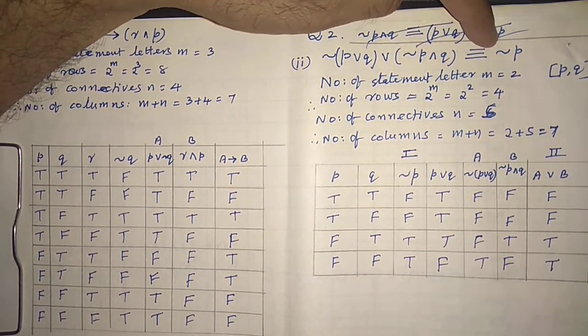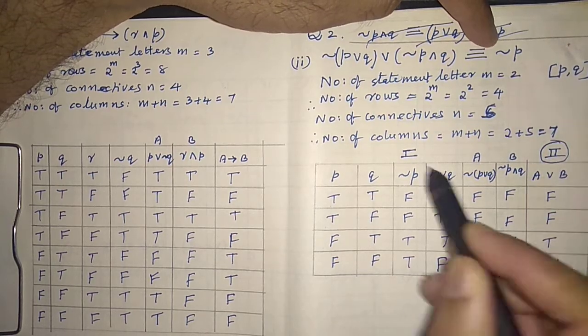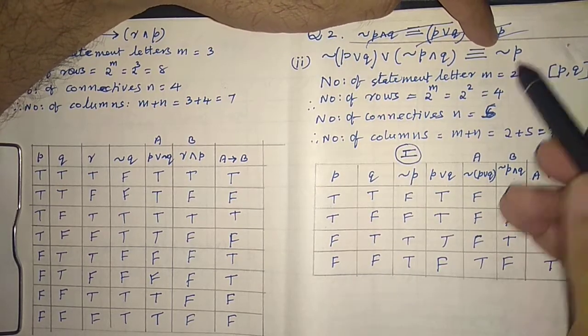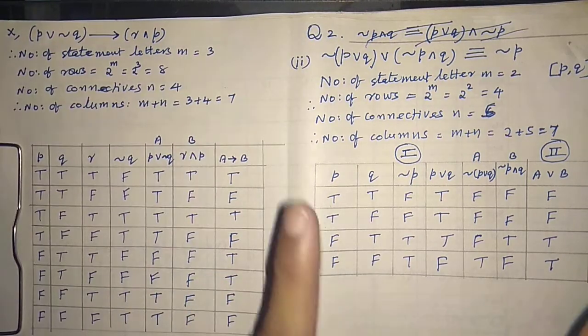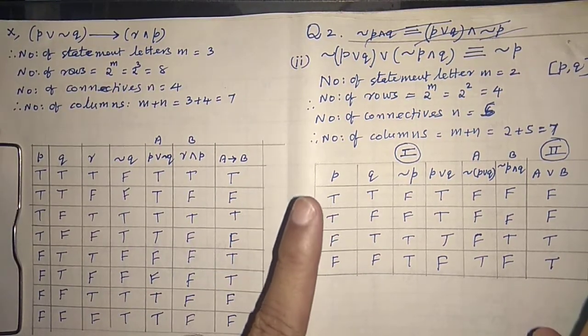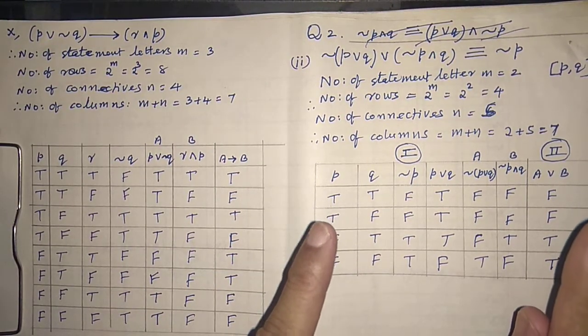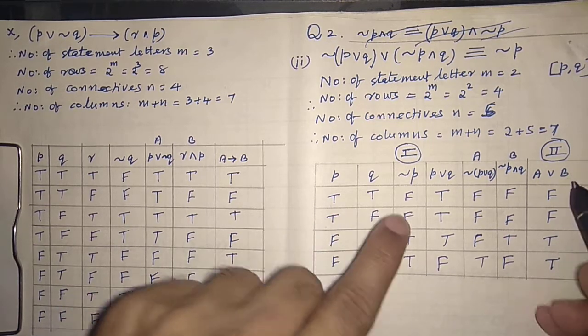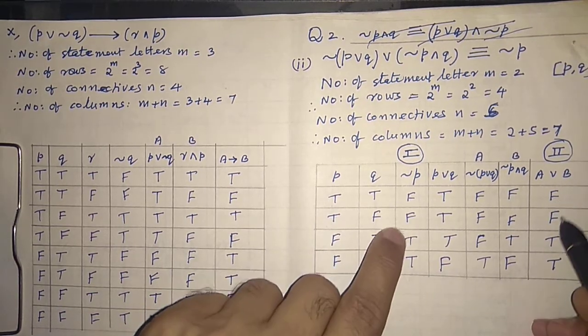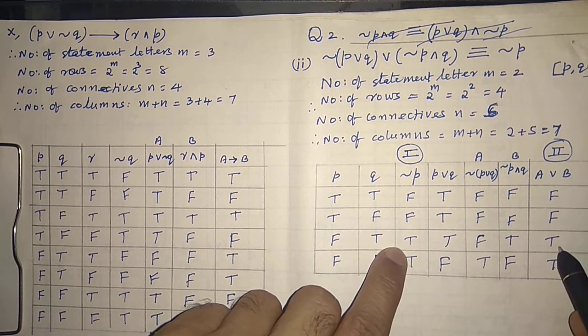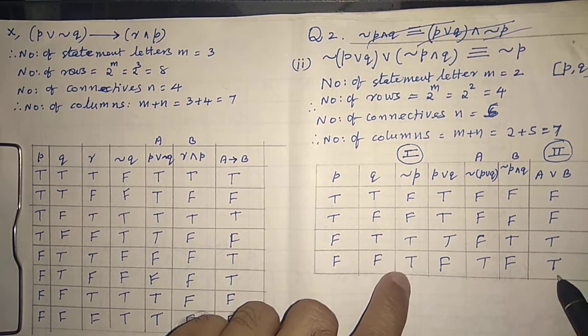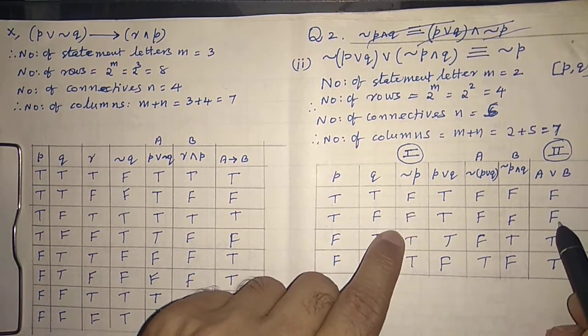This one, P, that we have, is equivalent to negation P. See, whatever values are in this one, in negation P also they are there. If it is one and the same, then only they are what? Logically equivalent. Here F, here T, both are T, both are T, one and the same.